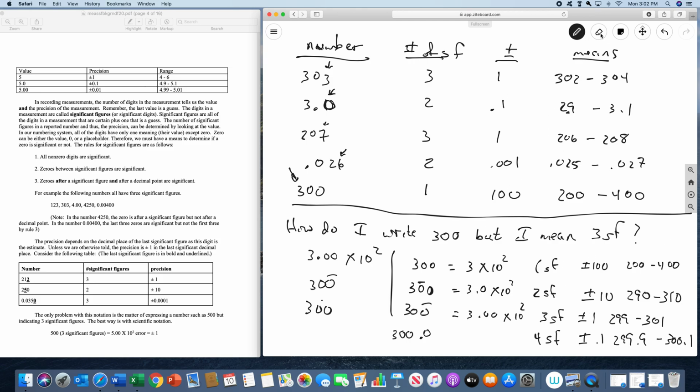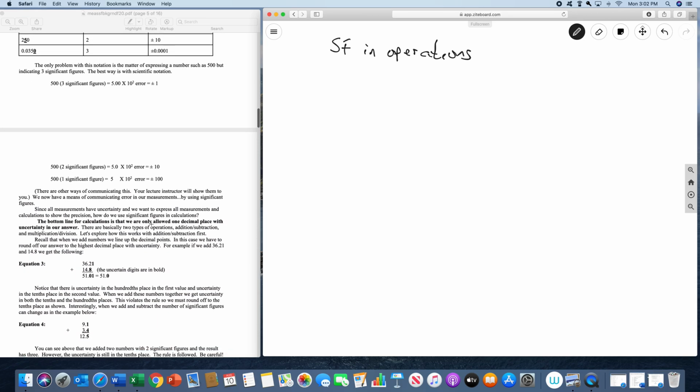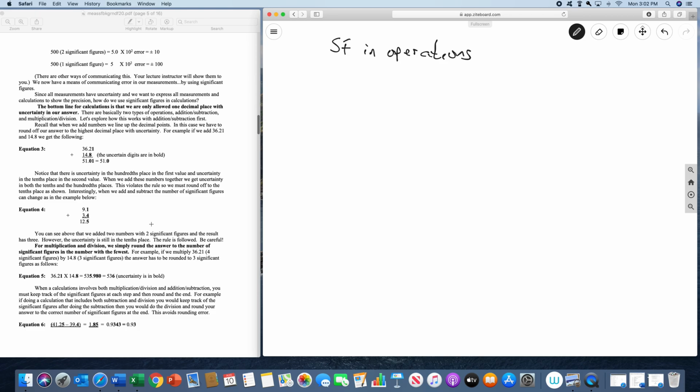All right. Now I'm going to go through sig figs and operations, and I'm going to go through the lab itself. So how do I handle sig figs and operations? When I add or subtract, I make 2 measurements. This is explained over here, starting with equation 3.